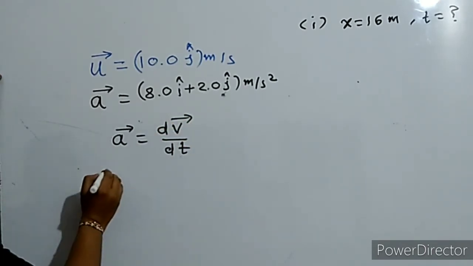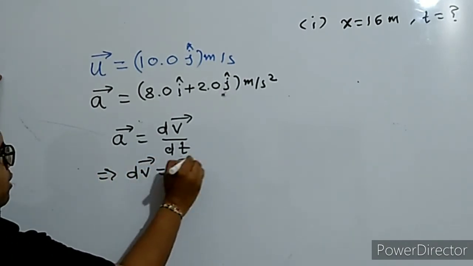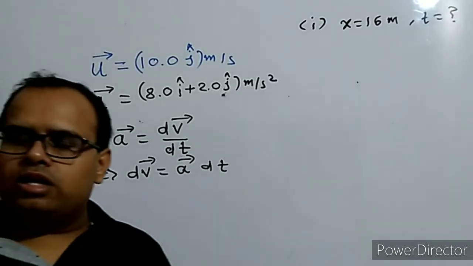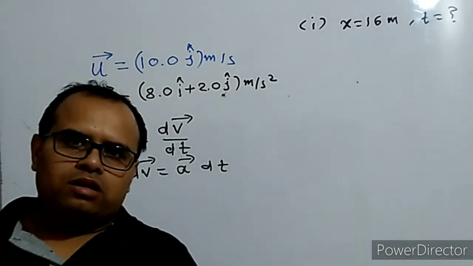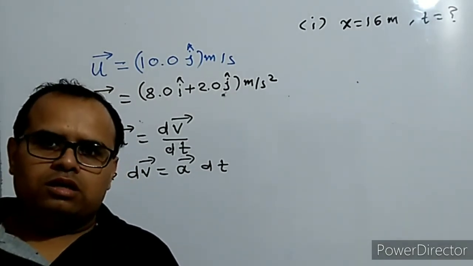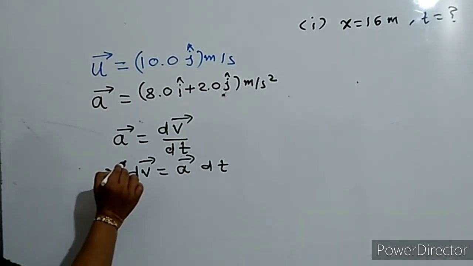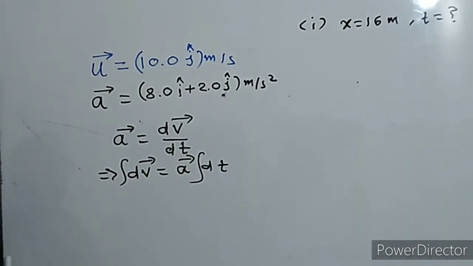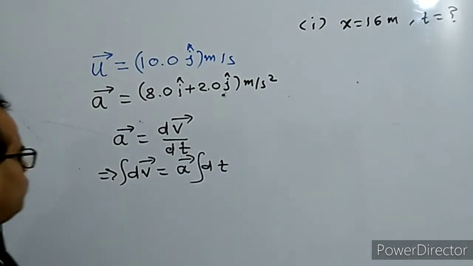This implies dv vector is equal to a vector dt. Then we can integrate it. So integration of dv vector equals a vector times integration of dt, because a vector is a constant. Now the velocity will change from u to v.